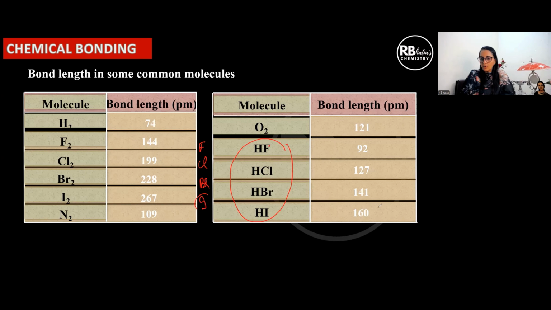Larger iodine means a longer bond. Clear? Similarly, if I'm comparing the oxygen molecule with the nitrogen molecule, I know nitrogen is a triple bonded molecule and oxygen is a double bonded molecule. So nitrogen has a smaller bond length than oxygen. You're not supposed to know the actual values, but you need to know the comparisons.